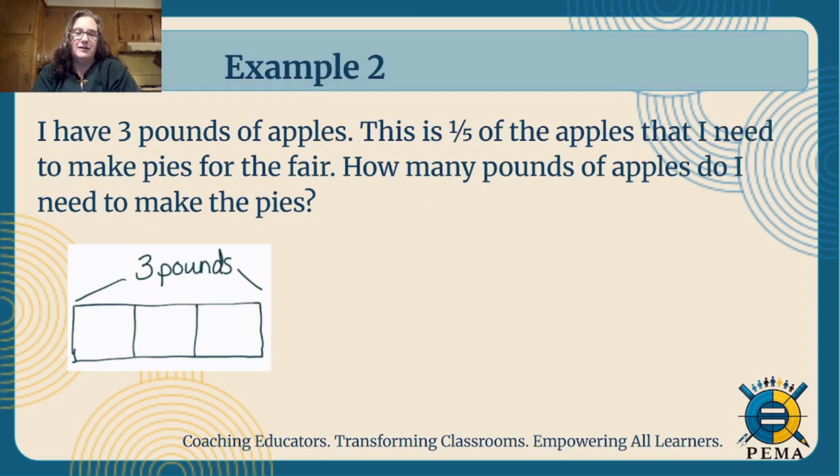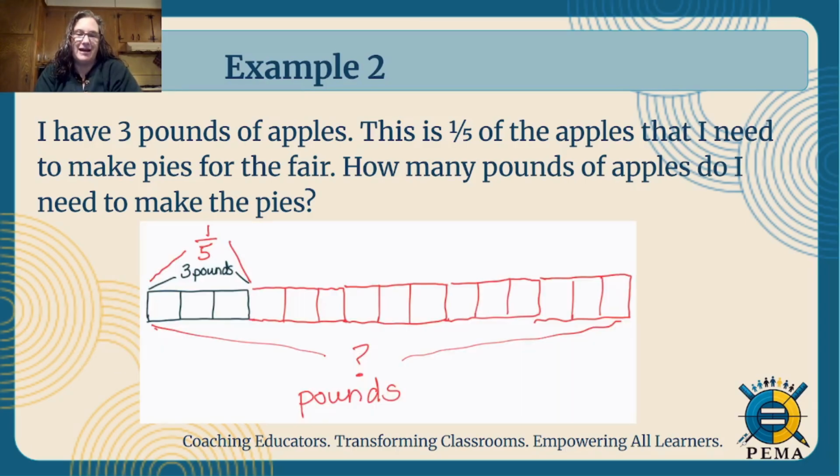So again, I start with 3 pounds of apples. In this situation though, I'm not dividing the 3 pounds by 1/5. 3 is actually 1/5 of my total.